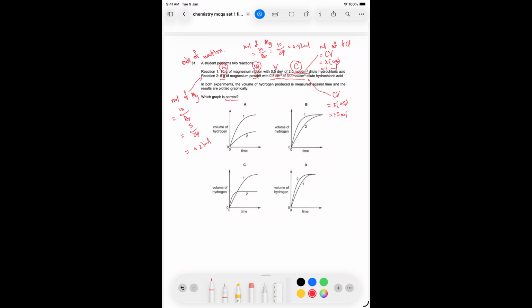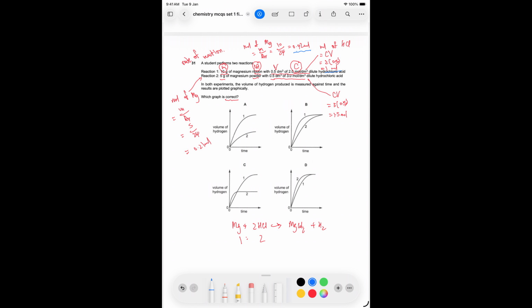Okay, so I'll just squeeze it at the bottom here. Magnesium plus HCl, if you balance your equation. So just take note, the mole ratio is 1:2. So if you look at reaction 1 first, you have 0.42 compared to 1 mole.